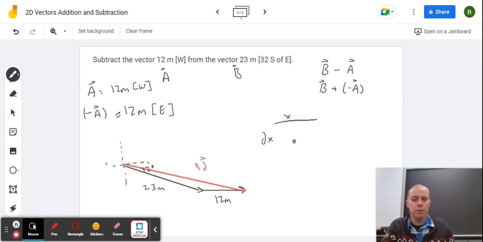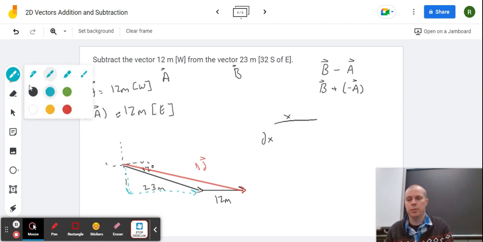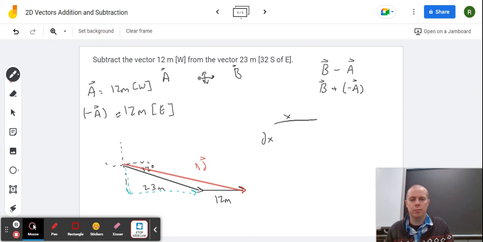Okay. So for the x components, this first vector here, we can break this one down into an x and a y. This second vector is straight horizontal, so it only has an x component. Well, I can draw a little compass for myself: north, south, east, and west.